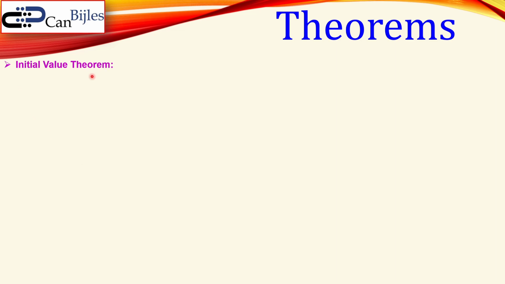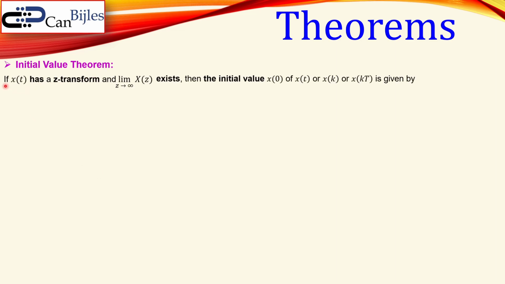The initial value theorem is defined as follows: if the time function x of t has a z transform, which is given by the capital letter X of z, and the limit of that function exists, so it must be converging, then the initial value, x of 0, of that sequence can be calculated using this expression.